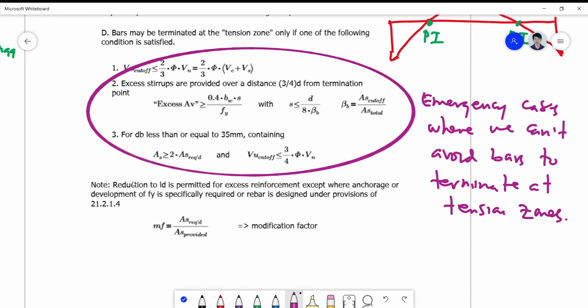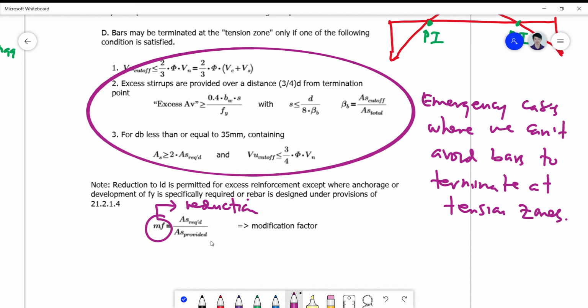Okay, so take note that here the reduction of the length of development is permitted for excess reinforcement except where anchorage or development of FY is specifically required or the rebar is designed under provisions of 21.2.1.4, wherein MF is equal to AS required over AS provided. So this modification factor is actually a reduction factor if in case your required reinforcement is way below the provided reinforcement.